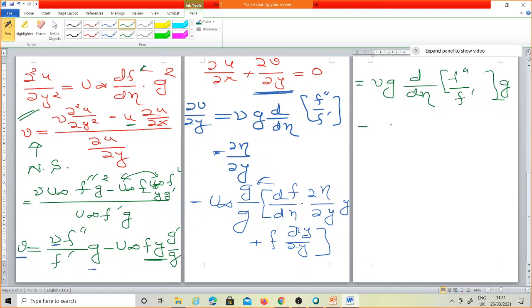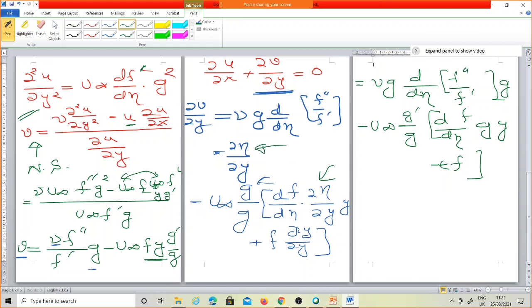Then minus u infinity g prime by g, then we have df by d eta, and d eta by dy should be again g, and there is a y there, plus f. Okay, just put the values here, d eta by dy is actually g.